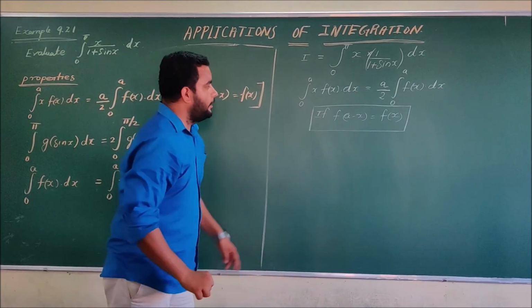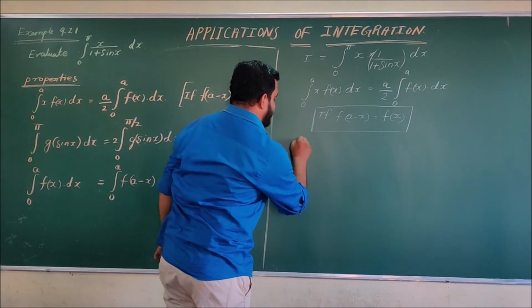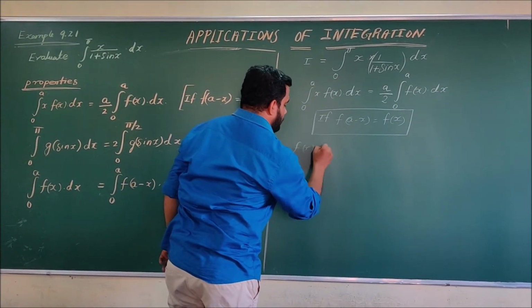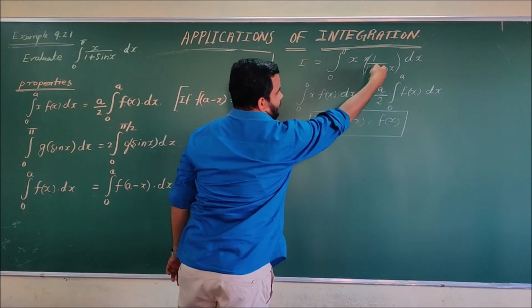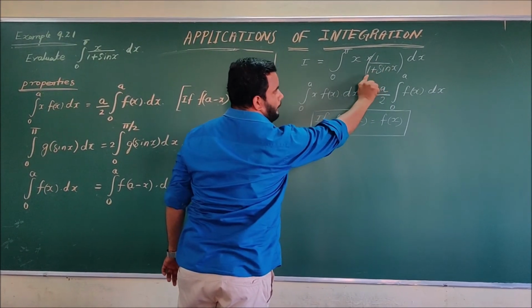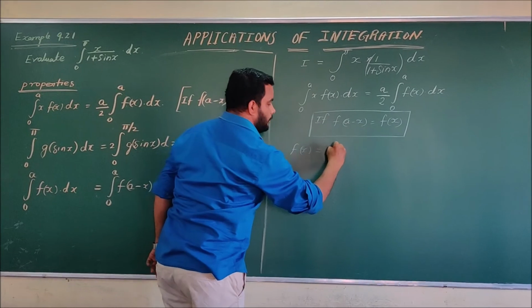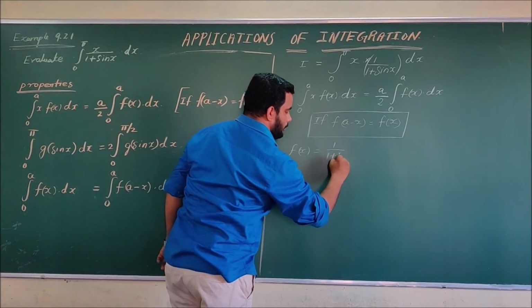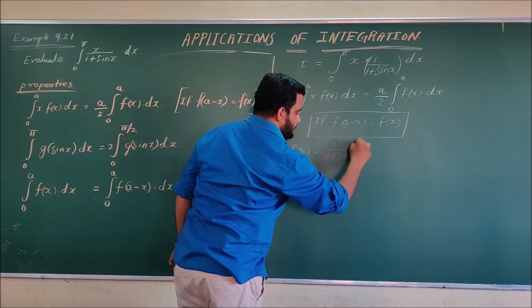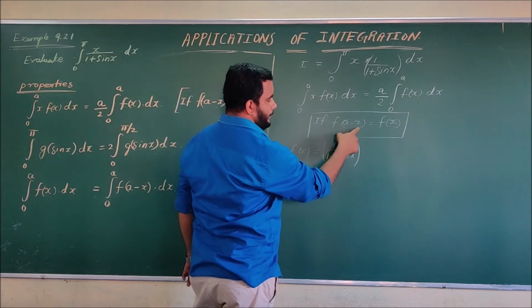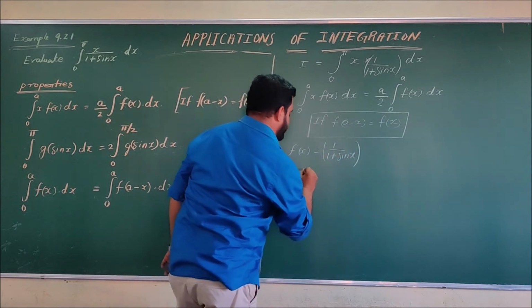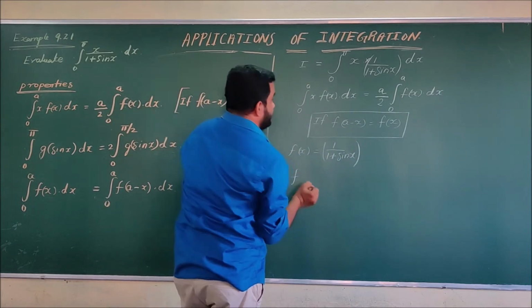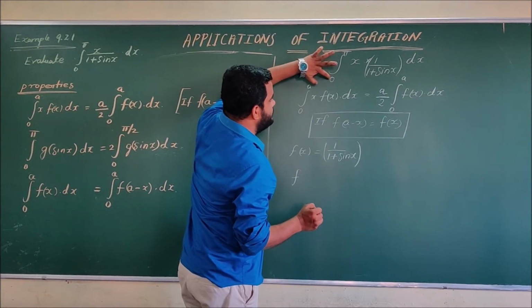In this question, f of x is equal to 1 by 1 plus sin x. So we check whether f of a minus x is equal to f of x. In our question the limit is 0 to pi.